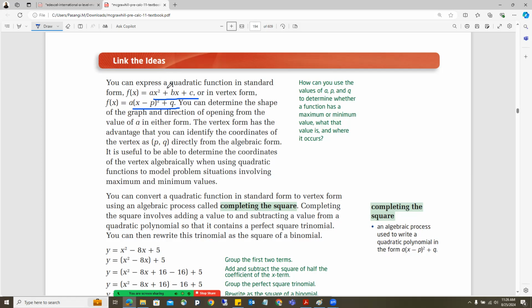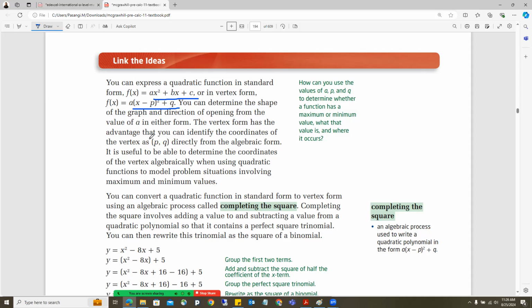But if we are using the standard form, we have to find a method, or we have to convert that standard form into a vertex form to find out the coordinates of the vertex. But if we have this vertex form equation directly, then we can find out the coordinates of the vertex directly. Is it clear? Yeah.